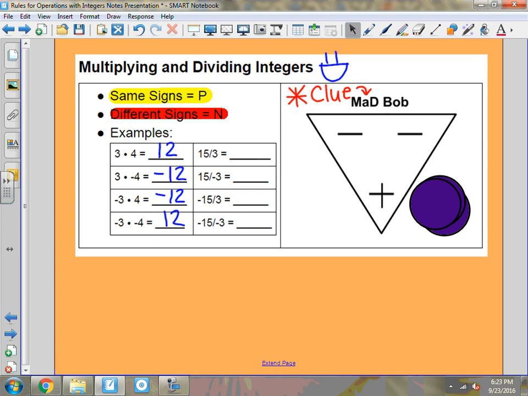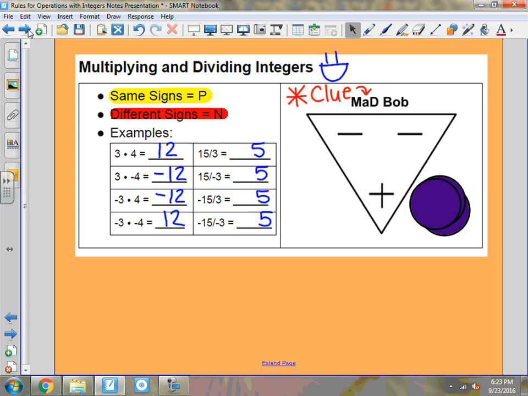Take a second and look at 15 divided by 3. If you know what 15 divided by 3 is, write it down on every line. So 15 divided by 3 is 5. I'm writing it down on every line, and now the only thing I have to do is figure out my signs.